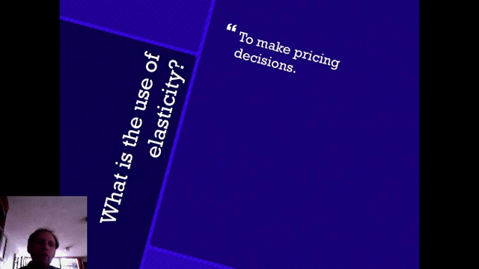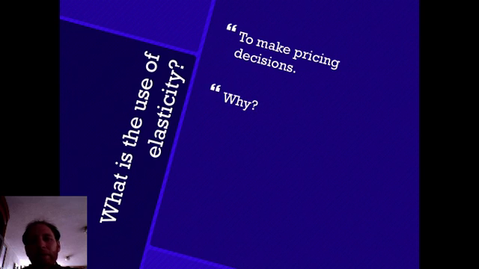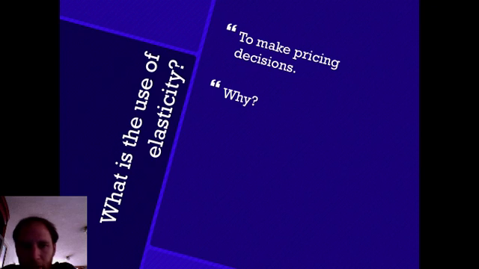Now, how can we use elasticity? Well, we can use elasticity to make pricing decisions. Basically, why? That's the question. Well, as you might know, by knowing the sign, could be positive or negative, and by knowing the magnitude of the elasticity, we could know whether to increase or decrease the price of our product if we are suppliers in order to have higher economic benefits.